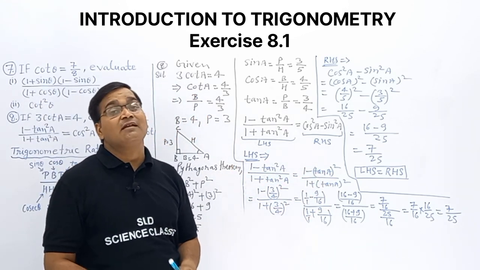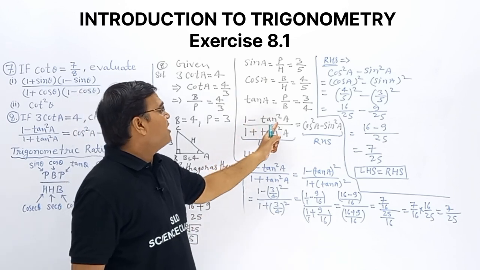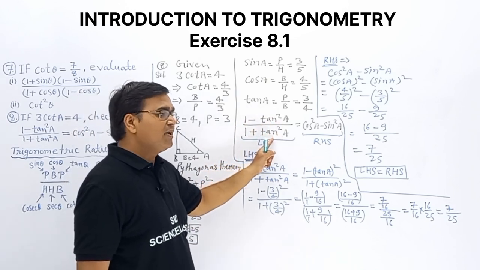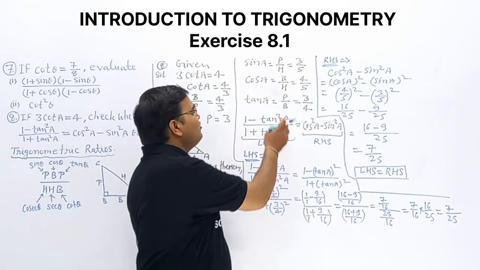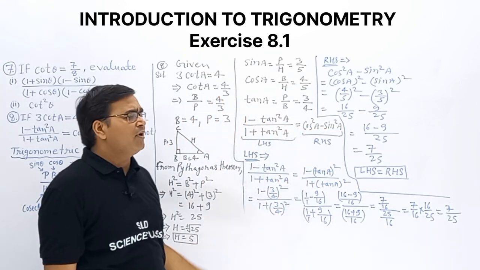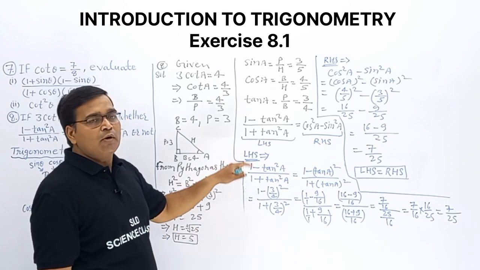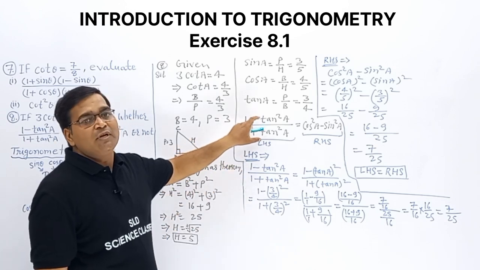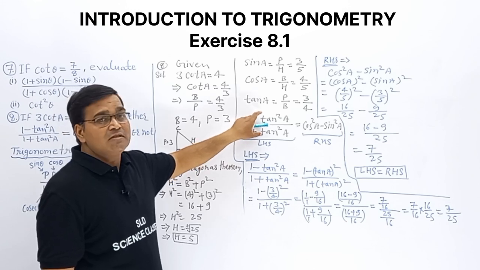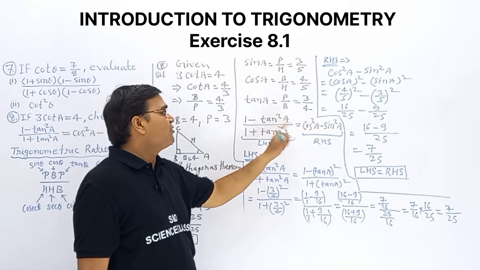So this is the correct equation. 1 minus tangent square A upon 1 plus tangent square A can be written as cos square A minus sin square A. This is an identity we will discuss later. It is not in your standard, so we only want to check whether this expression is equal to this one or not. So how are we solving?